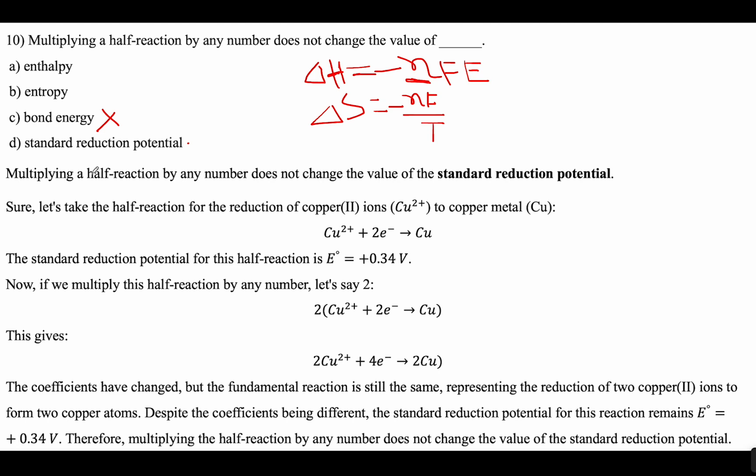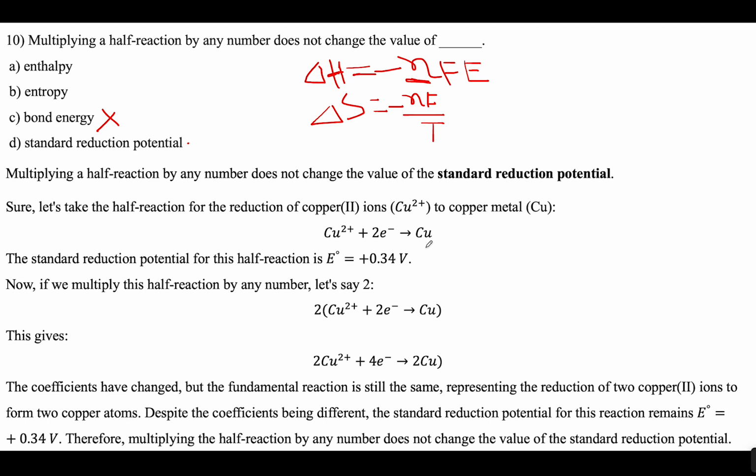So multiplying a half reaction by any number does not change the value of the standard reduction potential. Let's take the half reaction for the reduction of copper: Cu2+ + 2e- gives Cu. The standard reduction potential for this half reaction is 0.34 volt.